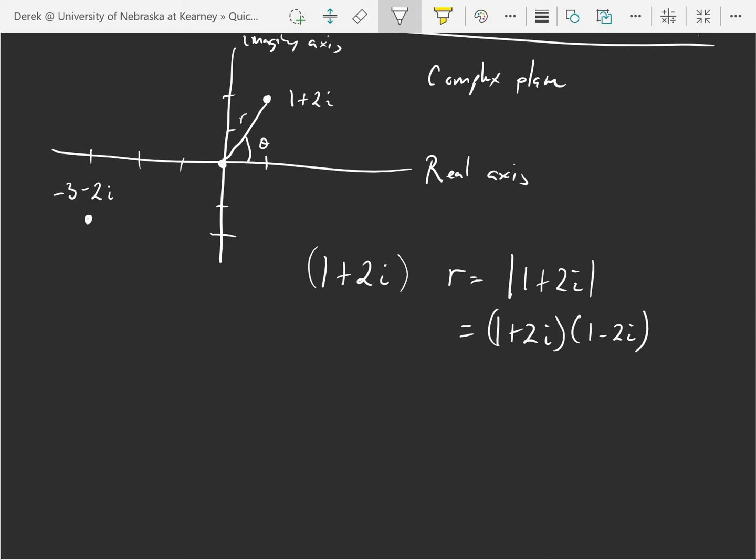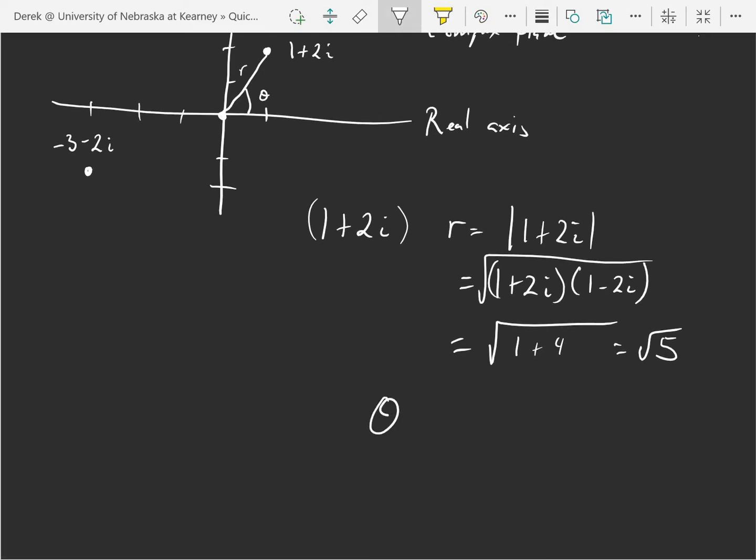So multiply by the conjugate, and then I have to take the square root. That's going to be the square root of 1 plus 4, the square root of 5. And then the angle is the arctangent of the opposite over the adjacent, because the tangent's opposite over adjacent, so that's going to be 2 over 1, so this is the arctangent of 2.